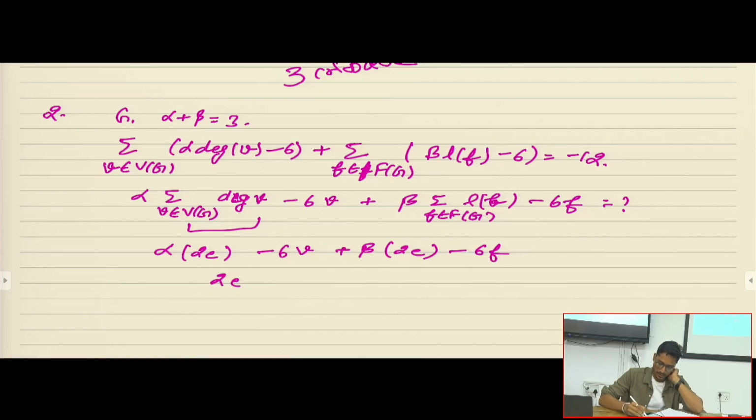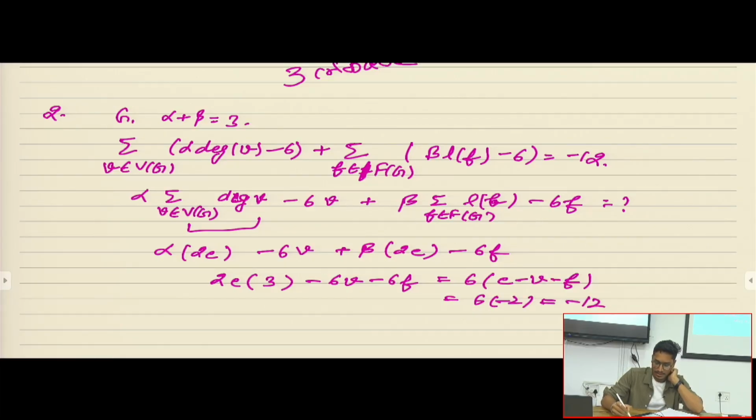So 2e common, and we are given that alpha plus beta is equal to 3, and it comes out to be minus 12.